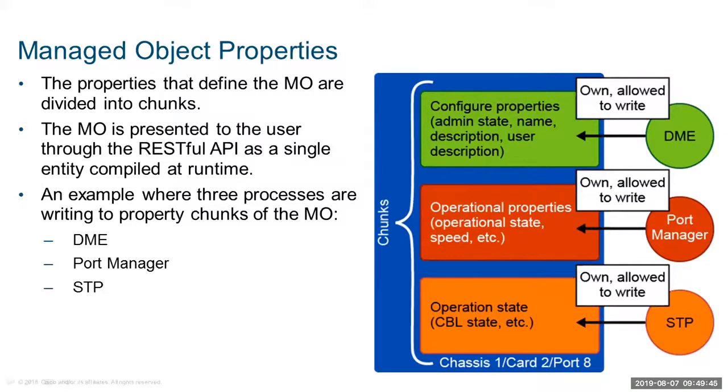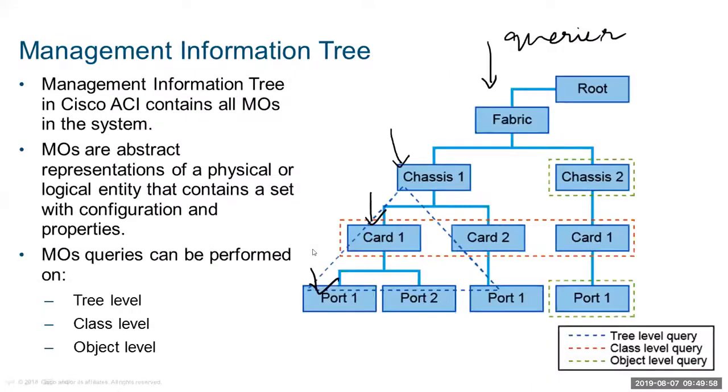So a distinguished name would be an example. I would say a distinguished name would be more like this. Well, in the topology, let's say we have pods. We have a pod 1.